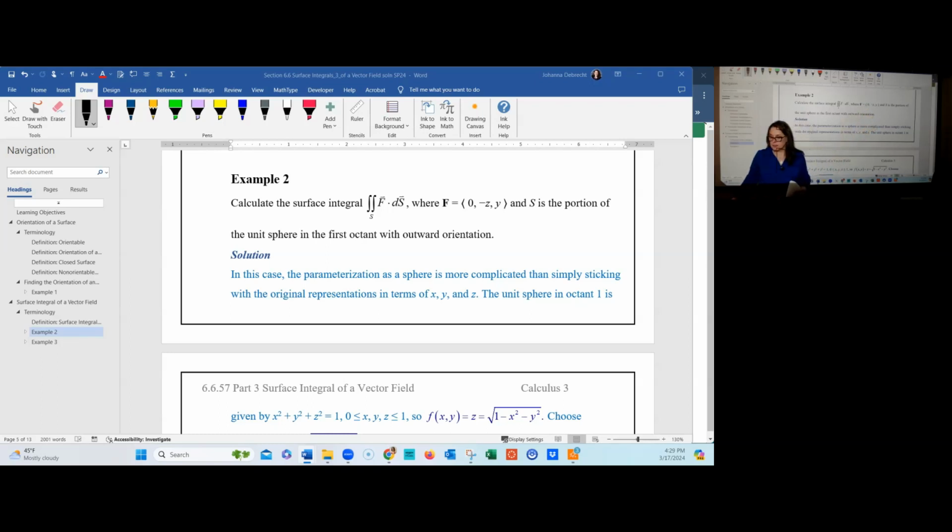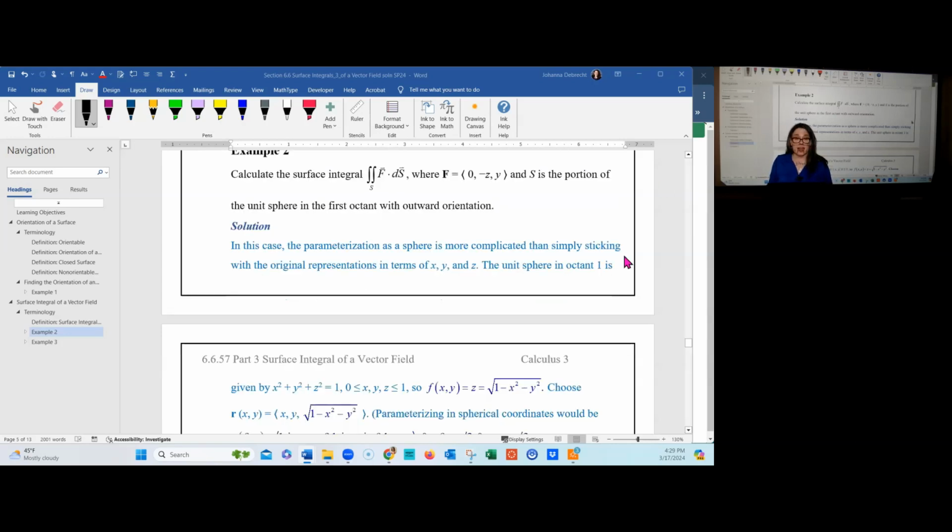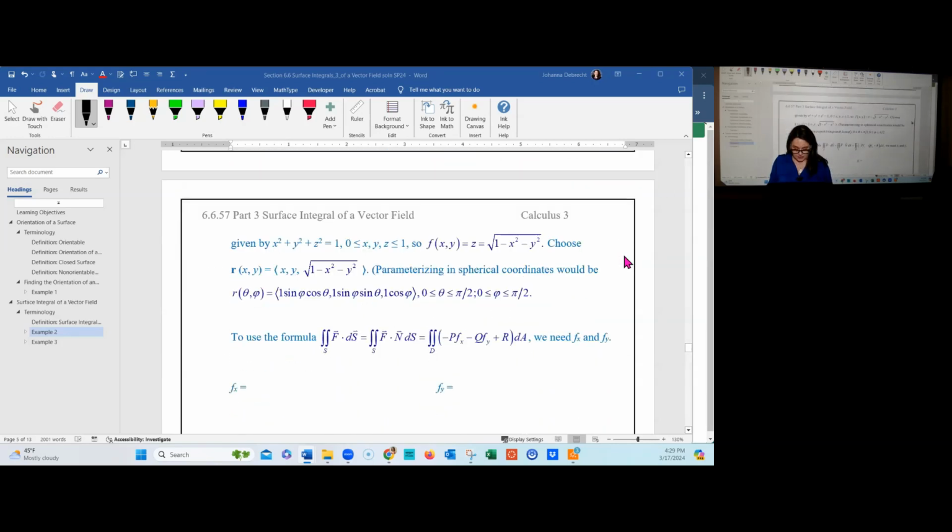Now, it is possible in this case to parameterize with spherical coordinates, because it will be symmetric about a point, namely the origin. Or we could use the parameterization x, y, f of x y. Whichever way you choose to go, what you want to do first is to find a normal vector.